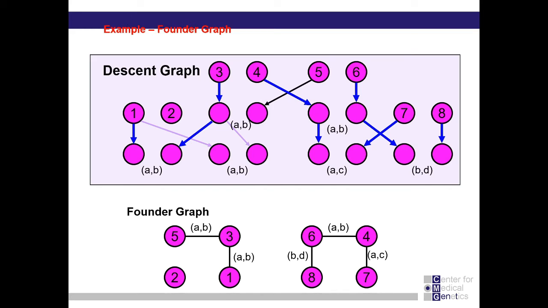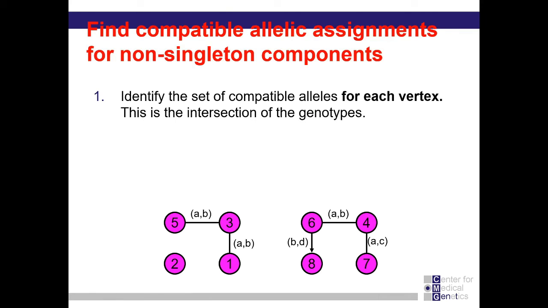Then 6 and 8 are connected through this bridge from B to D, because the person on the right gave 2 alleles, 7 and 8, so C and D. So B and D are connected by the number 8. You must find compatible allele assignments for each non-singleton component. That's why you have to identify compatible alleles for each vertex.